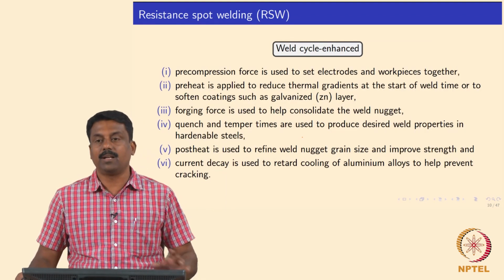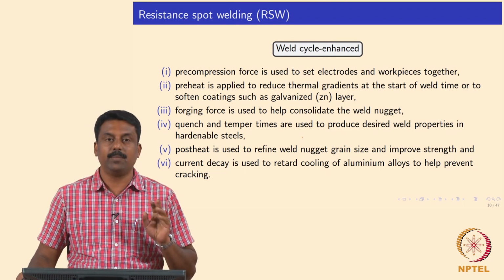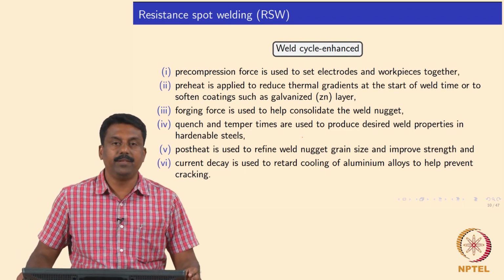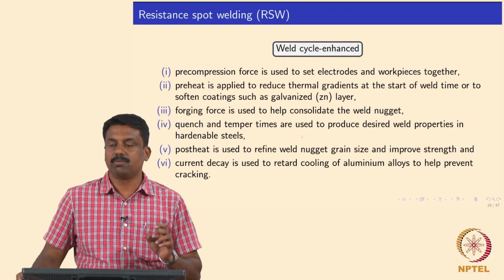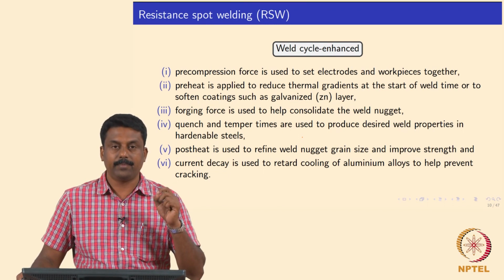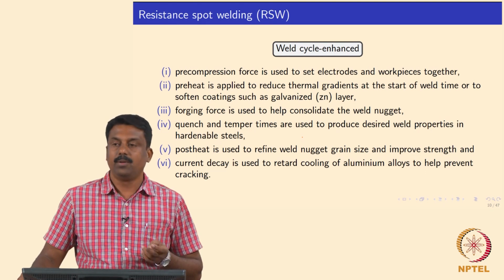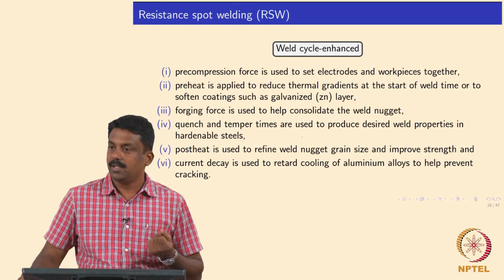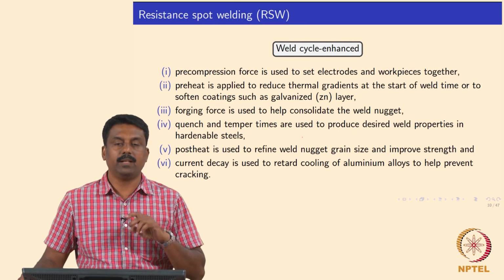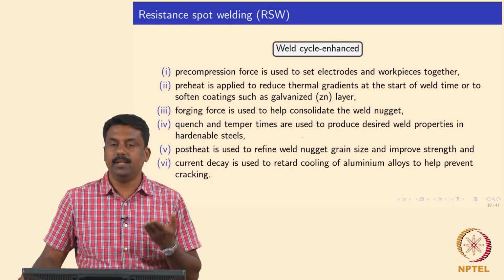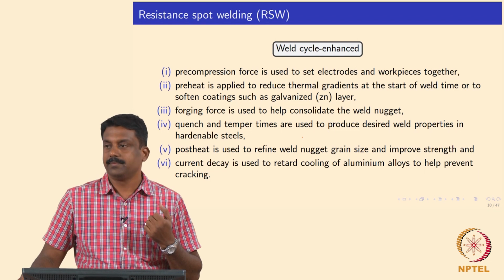So in order to summarize the enhanced weld thermal cycle, we can apply a pre-compressive force to set the electrodes or tips together. So that's the squeeze time, right? Then we can apply preheating to reduce the thermal gradient at the start of the weld timing, or, for example, to soften any surface coating that is there.